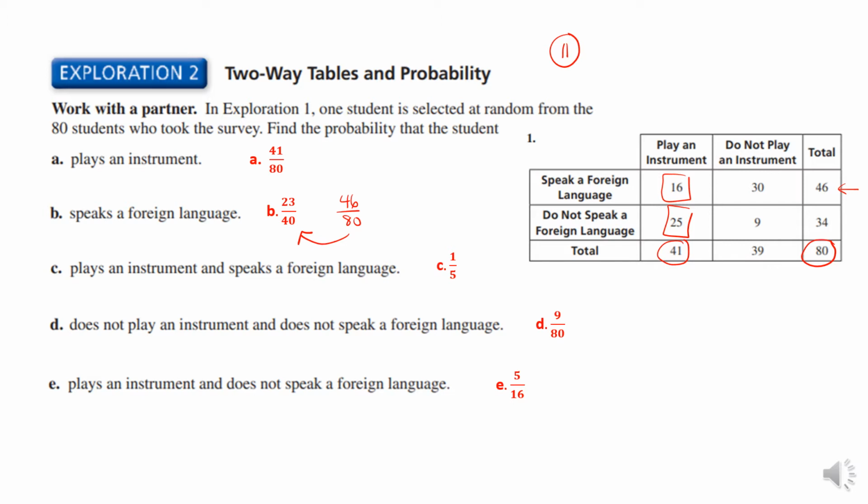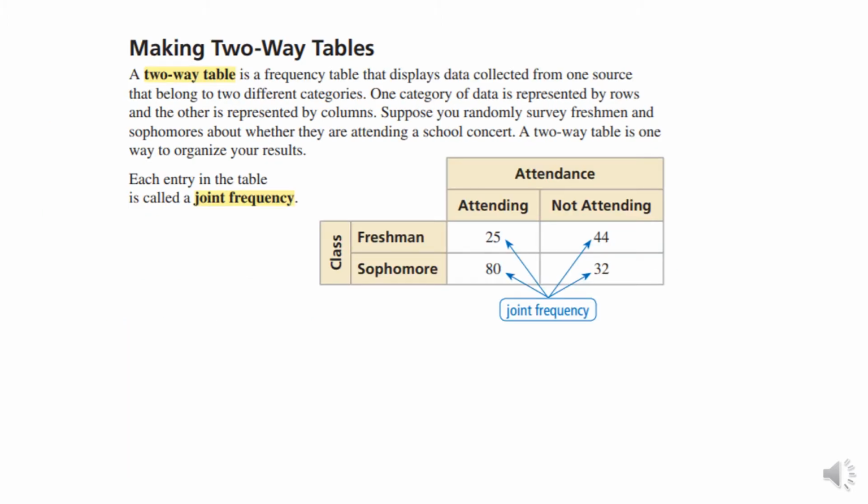Okay, all right. So making a two-way table is, first it's going to tell you that a two-way table is a frequency table that displays data collected from one source that belongs to two different categories. One category is represented by rows and the other by columns. So this is kind of going over what we already said. So each entry is a joint frequency.